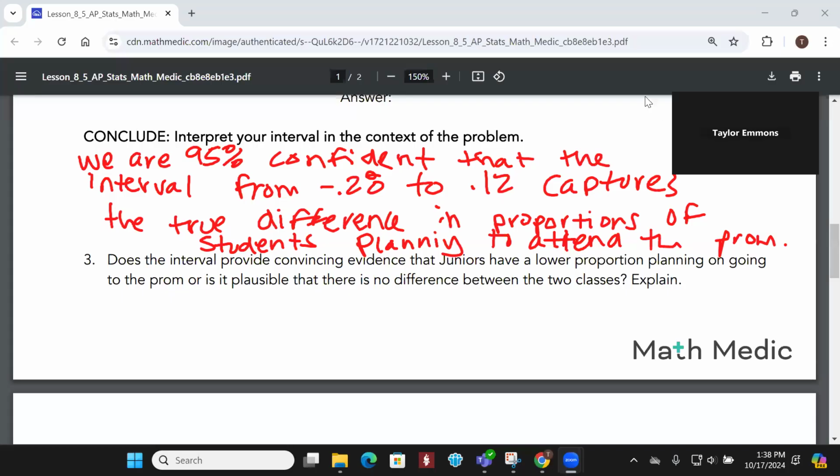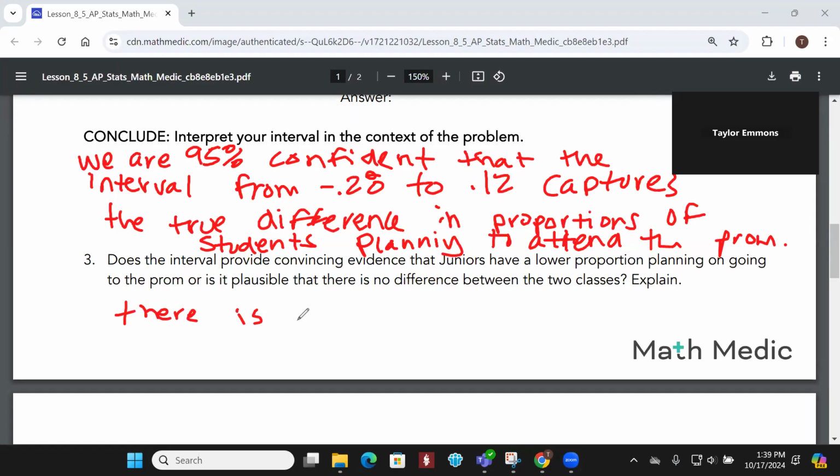The last question says, does the interval provide convincing evidence that juniors have a lower proportion planning on going to the prom, or is it plausible that there's no difference between the two classes? It is plausible that there is no difference, and the reason why is because the interval contains 0. If it contains 0, it could happen that there is no difference.